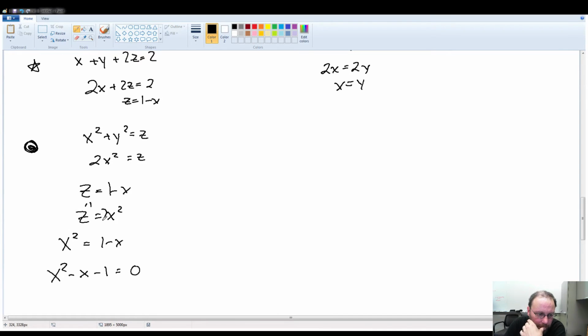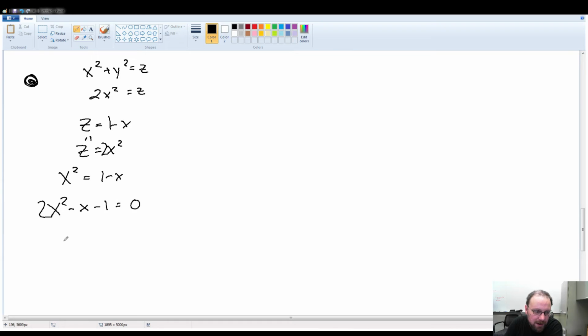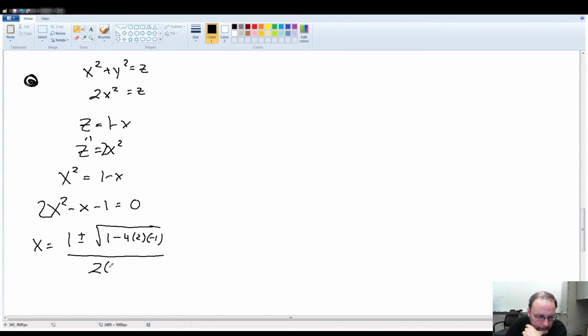Z equals 2x squared. There you go. And that's a quadratic we're all familiar with, so I'll just use the quadratic formula for that. X is minus b plus or minus the square root of b squared minus 4ac, and that's all divided by 2 times a.